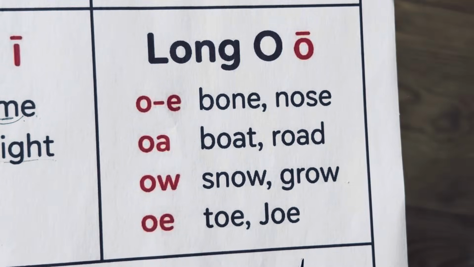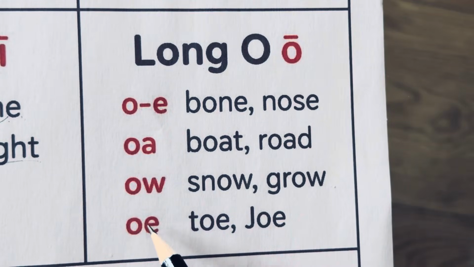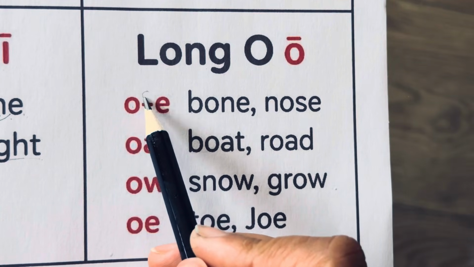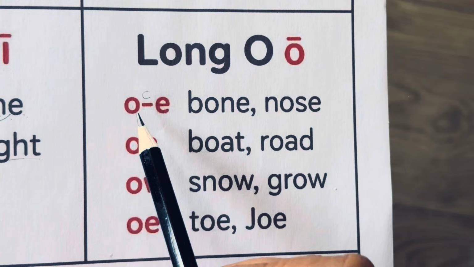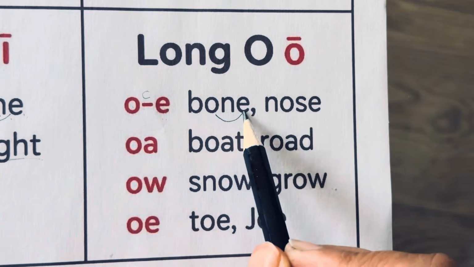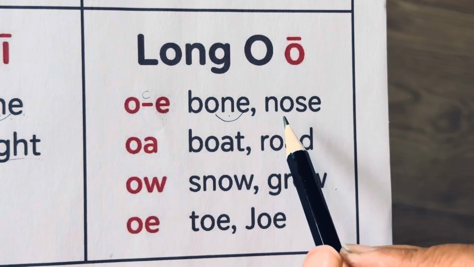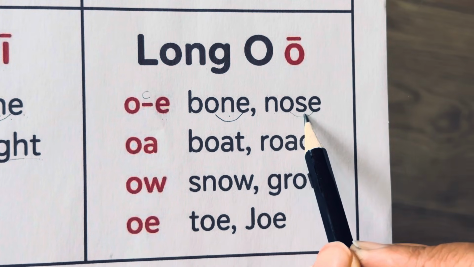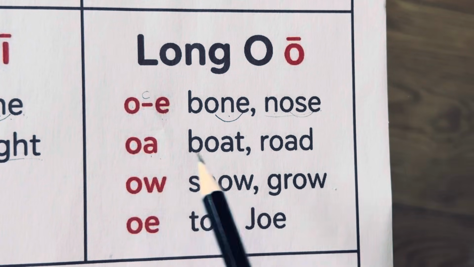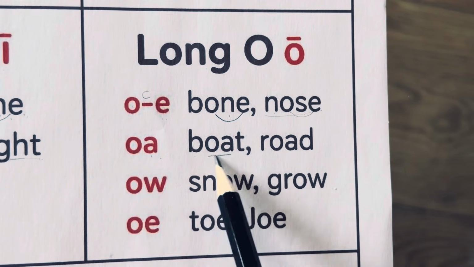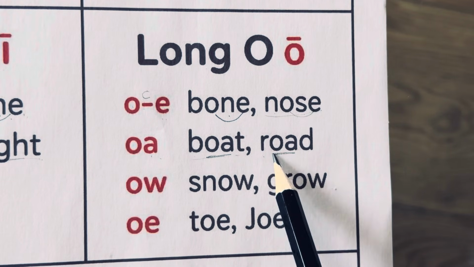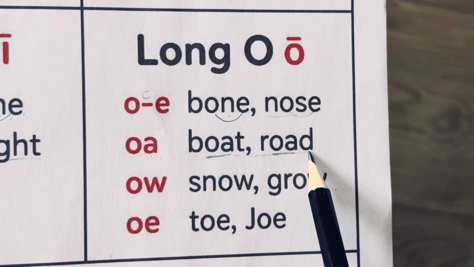Next is long vowel O with different spelling patterns. Whenever you see a vowel, a consonant and a silent E, then we will read O as the long vowel O sound, as in b, o, n, e, bone; n, o, s, e, nose. O and A make the sound O, as in b, o, a, t, boat; r, o, a, d, road.